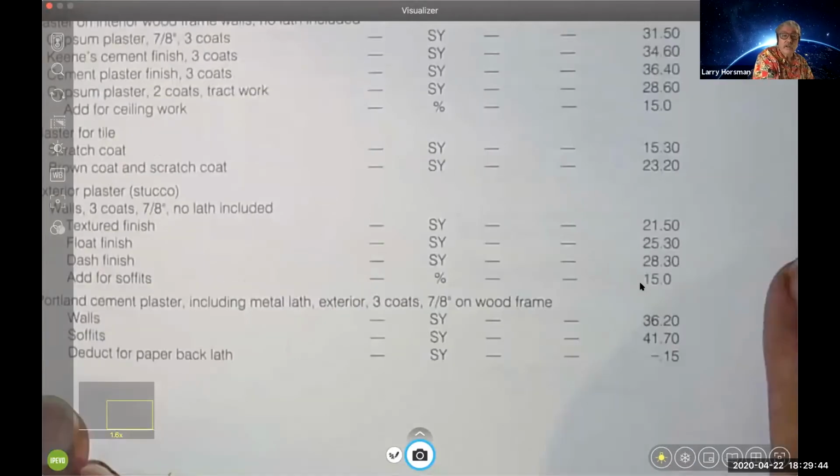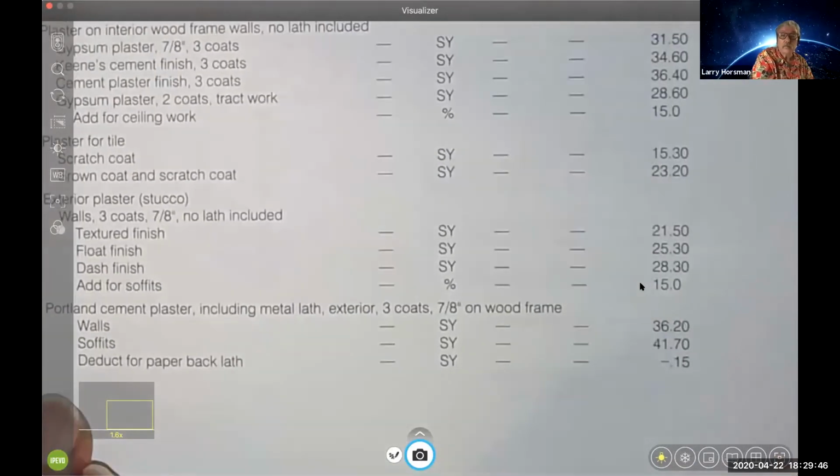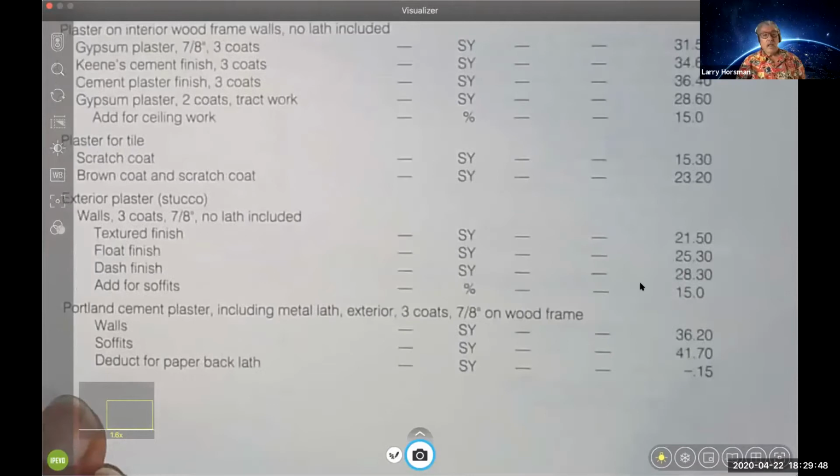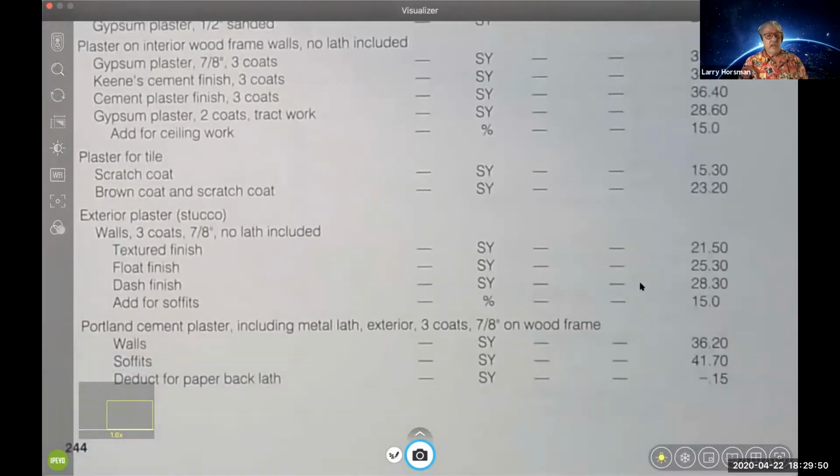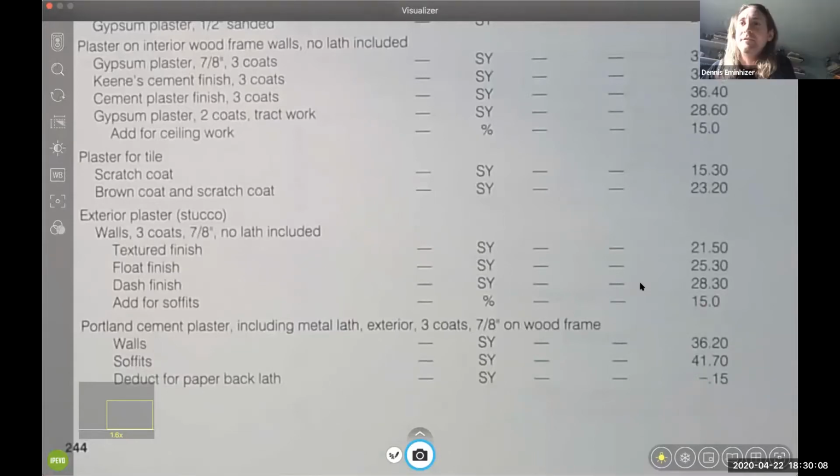And they're showing a price of about... Now, if you notice, they're not giving us a lot of different finishes, but is there a difference in price between the textured finish and the dash finish, for example? Yeah, there's a difference, and to me it's fairly significant.